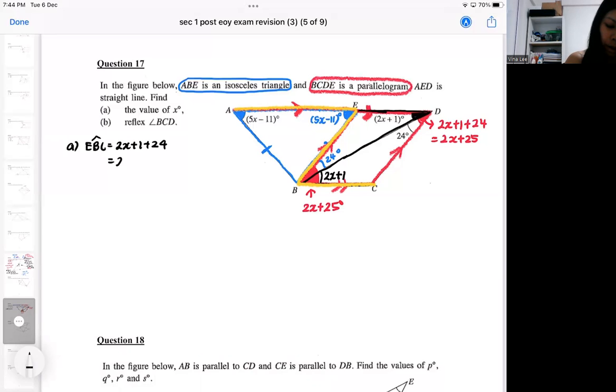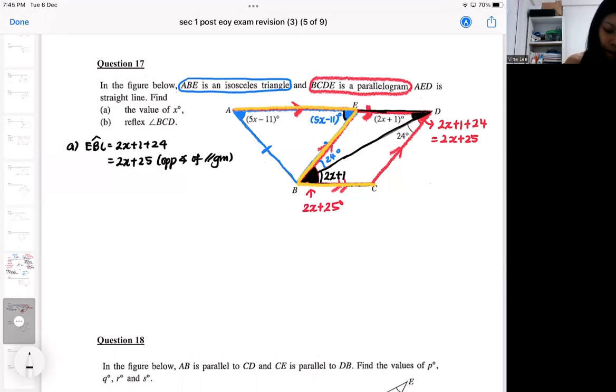What's the reason for this? It is the opposite angles of the parallelogram. So this whole angle is 2x plus 25. And then what's the reason for this one? There's also a 5x minus 11.